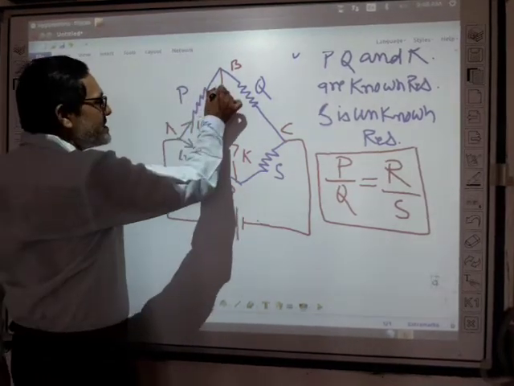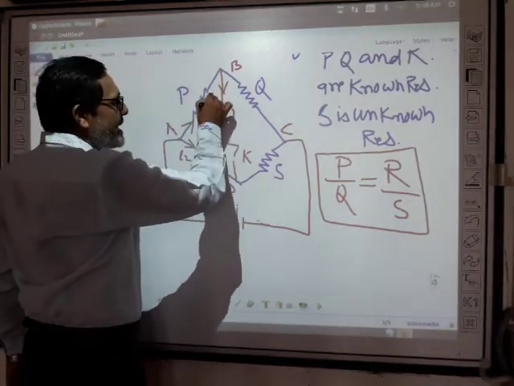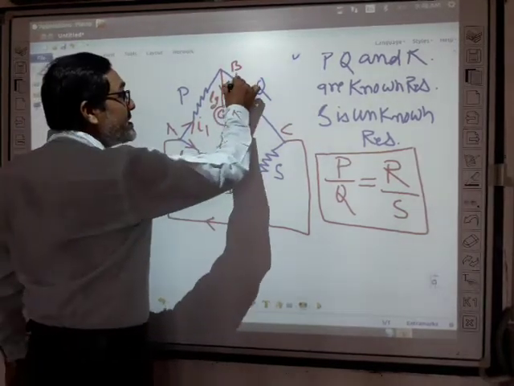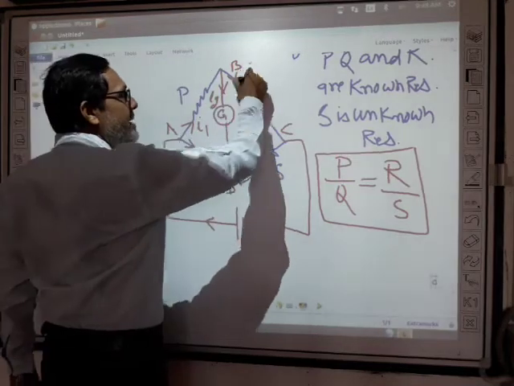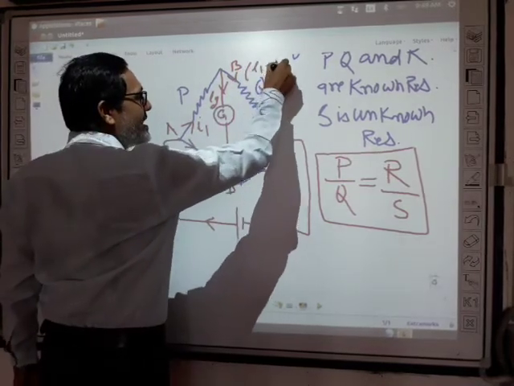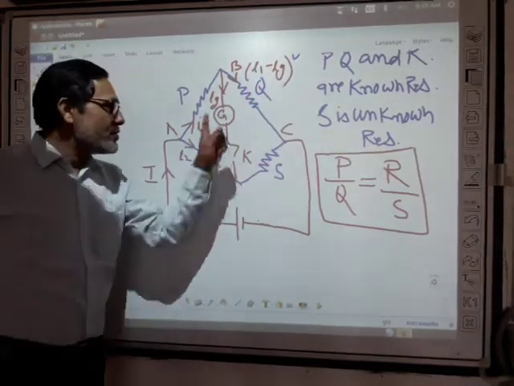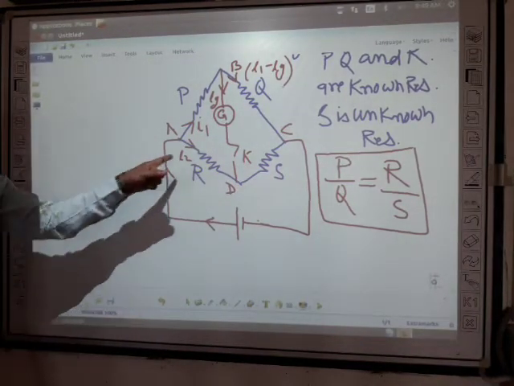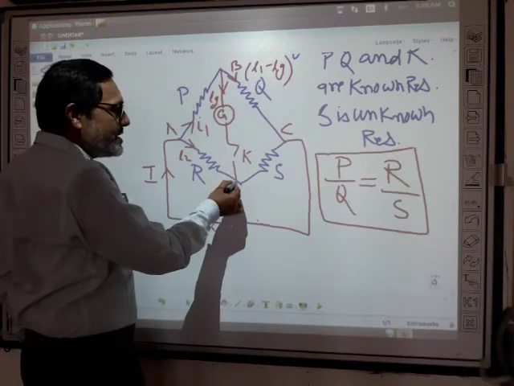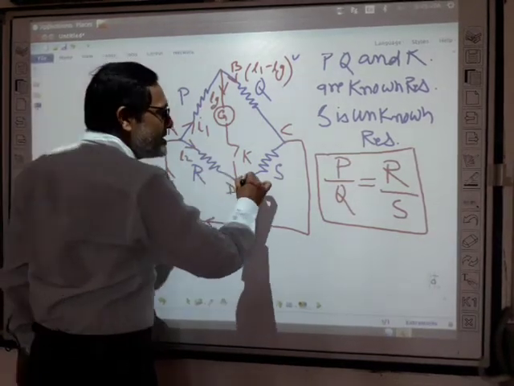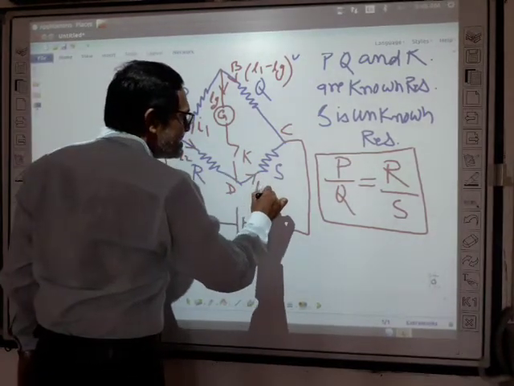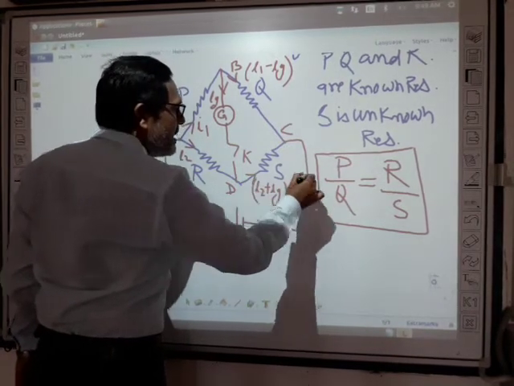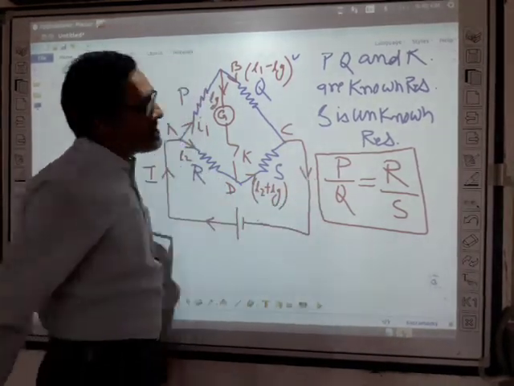Suppose the current flowing through the galvanometer is Ig. Then the remaining current I1 minus Ig flows through this wire. Same thing, I2 is here, Ig is here. So in S, I2 plus Ig, and in this direction again current is there.